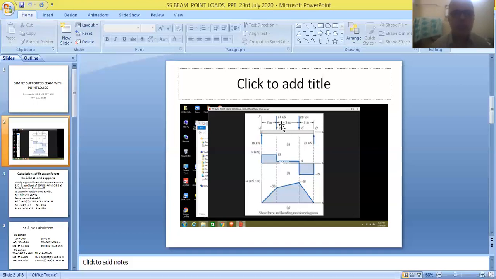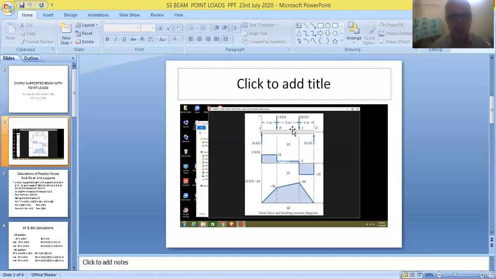You can see a load of 14 kilonewtons acting at a distance of 2 meters from the left end of the beam, and another load of 28 kilonewtons acting at a distance of 2 meters from the right end of the beam. They are called point loads.